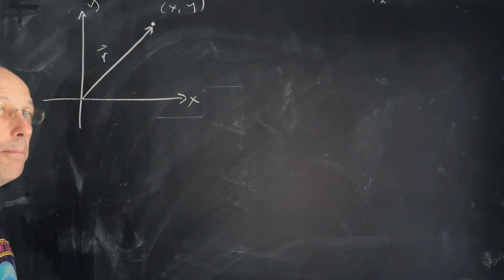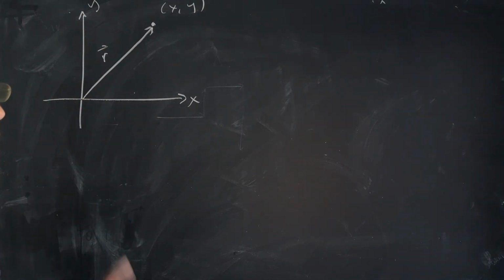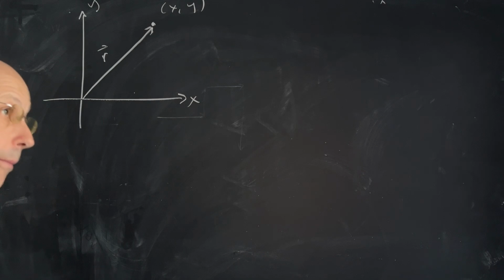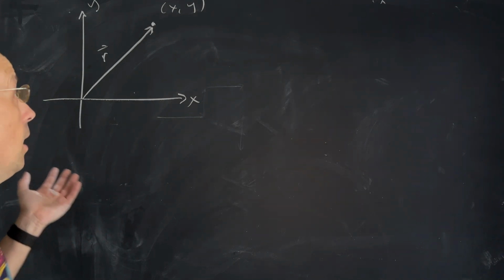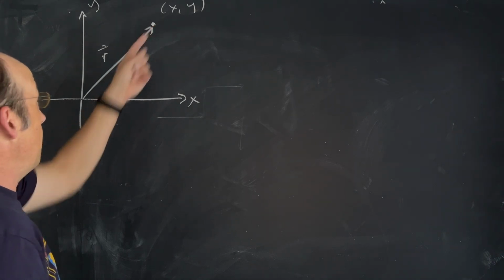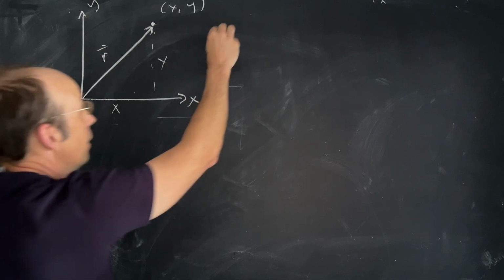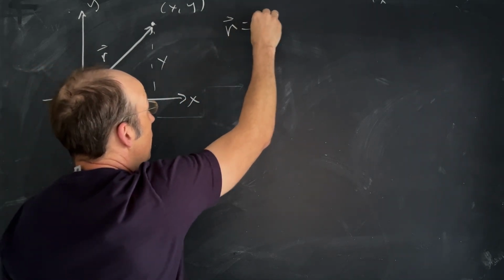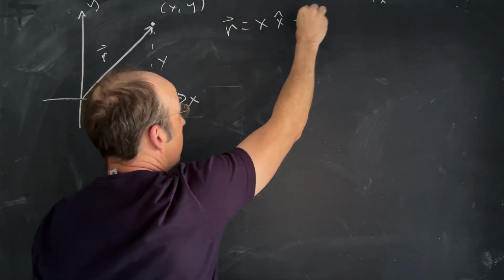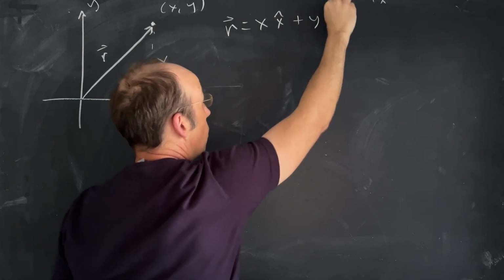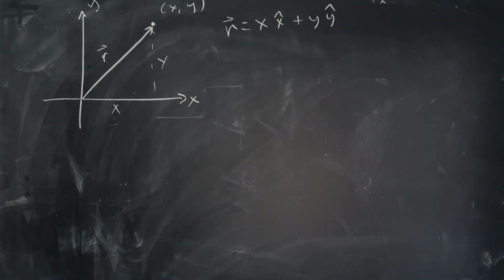And most places use the vector r to represent position. I'm going to use the vector r to represent position. And in this case, it's pretty easy, right? Because I can find the x and y components of this. It's just x and y. So I can say r is x x-hat plus y y-hat. That's my position vector.